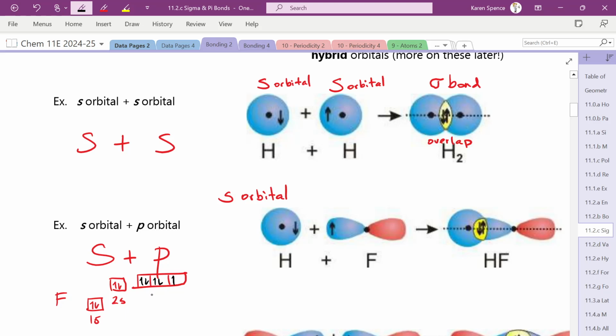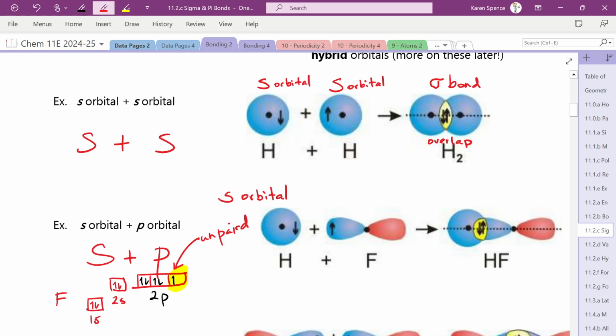There we go, 2p. And you see how here we have our unpaired electron? That's in a p orbital.